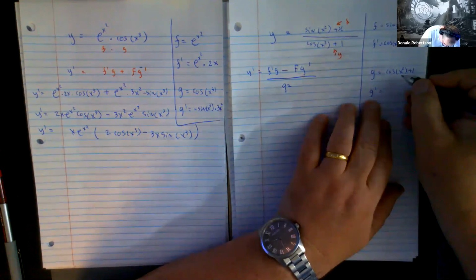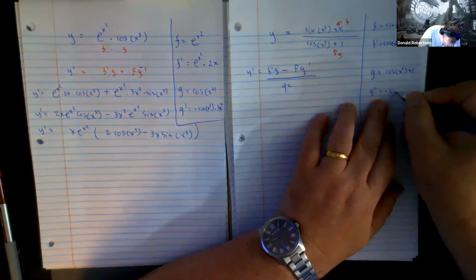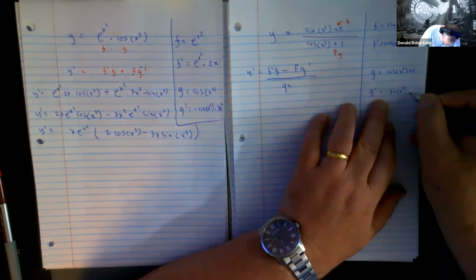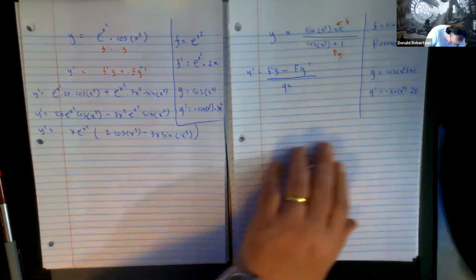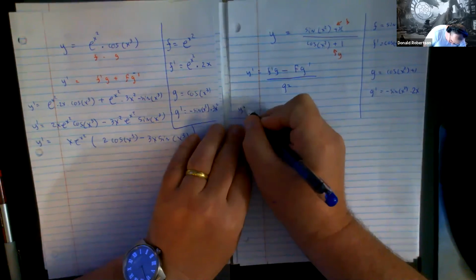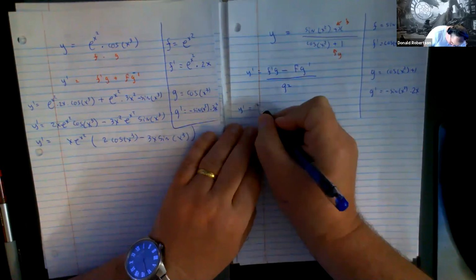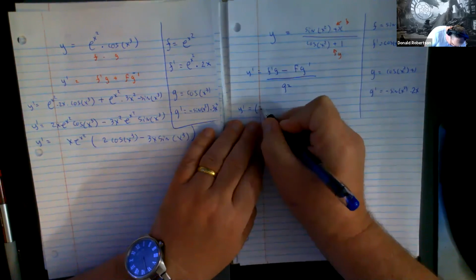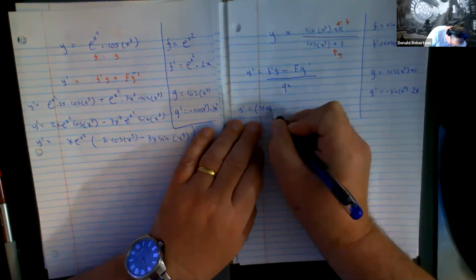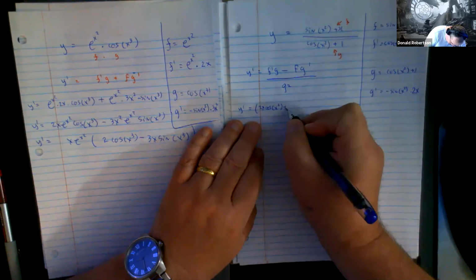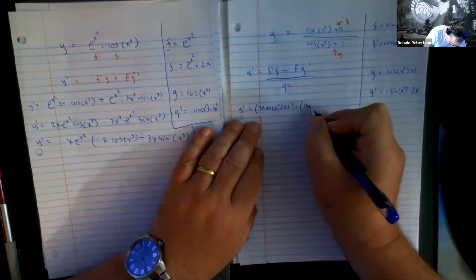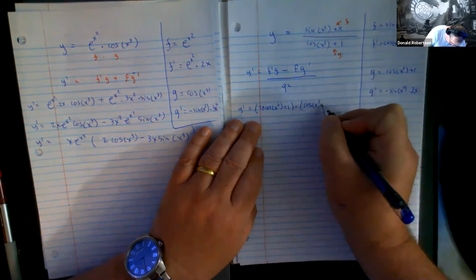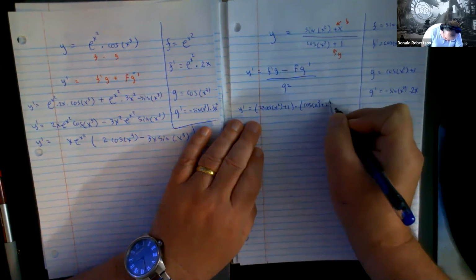And this guy, negative the sine of something, times the derivative of the something, and the one doesn't give me anything at all. So f dashed, I'll tidy it up while I'm writing it, is 2 cosine of x squared plus 1 times cos of x squared plus 1.